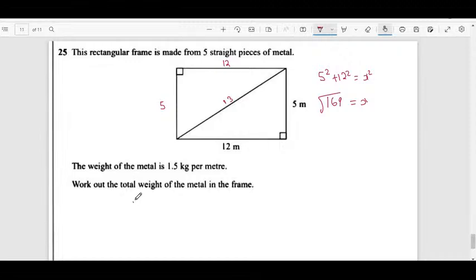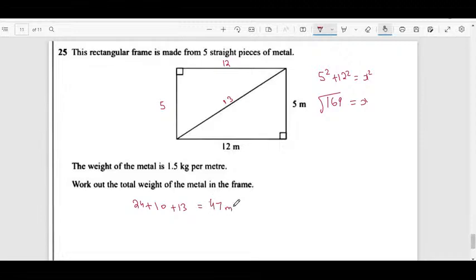Let's find the sum. So it is 24 plus 10 plus 13, and that is going to give me 47. I think that is why you wrote 47.